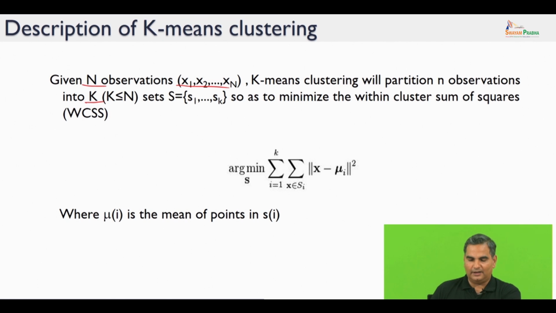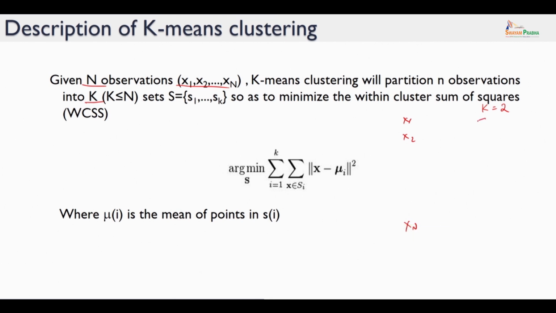To give a very simple example, let's say you have these observations x1, x2 all the way up to xn, and just for the sake of argument, let's say we are going to partition this data into two clusters. There is going to be one set for cluster 1, and another set for cluster 2.